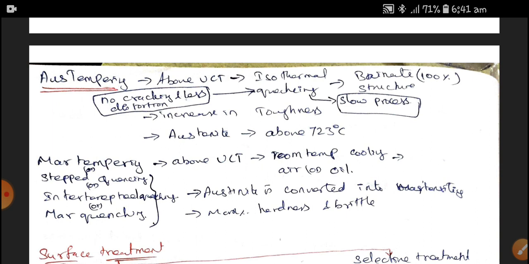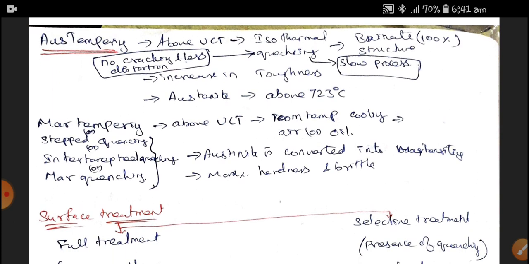Therefore, the maximum hardness and brittleness will be obtained. In Martempering, the outcome structure is martensitic. Therefore, Martempering is also called stepped quenching, interrupted quenching or Mar quenching.